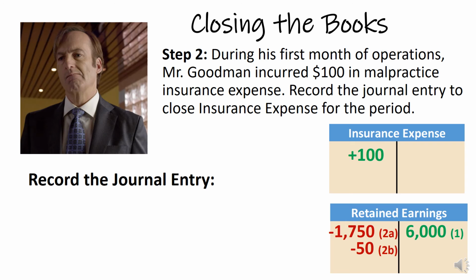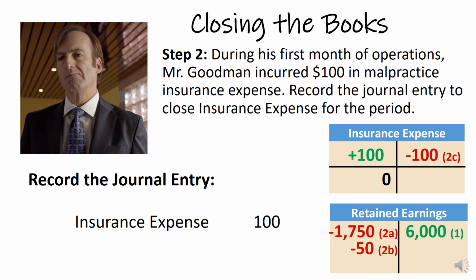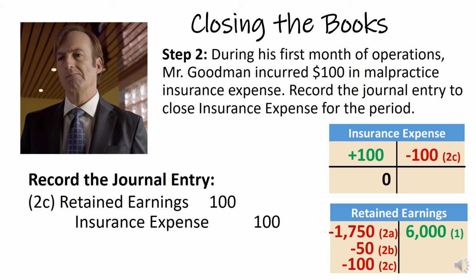We show $100 as a debit in the account to begin with, and we zero out the account by crediting that balance. Again, this brings our insurance expense account back to zero. Our offsetting debit entry is a $100 debit to retained earnings.